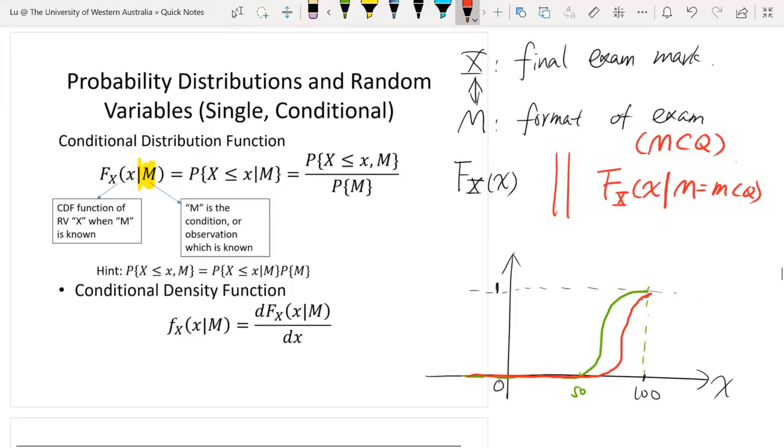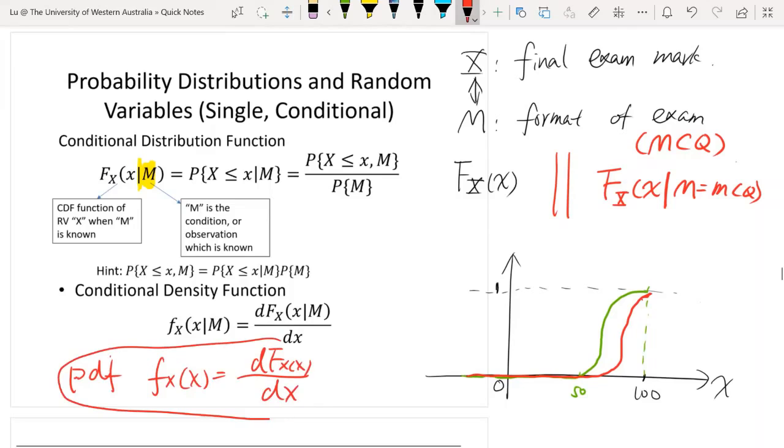Next concept is the conditional density function. I think this idea is so similar to the relationship between the PDF function and CDF function. So remember, the PDF function fx is the change rate of the corresponding CDF function.